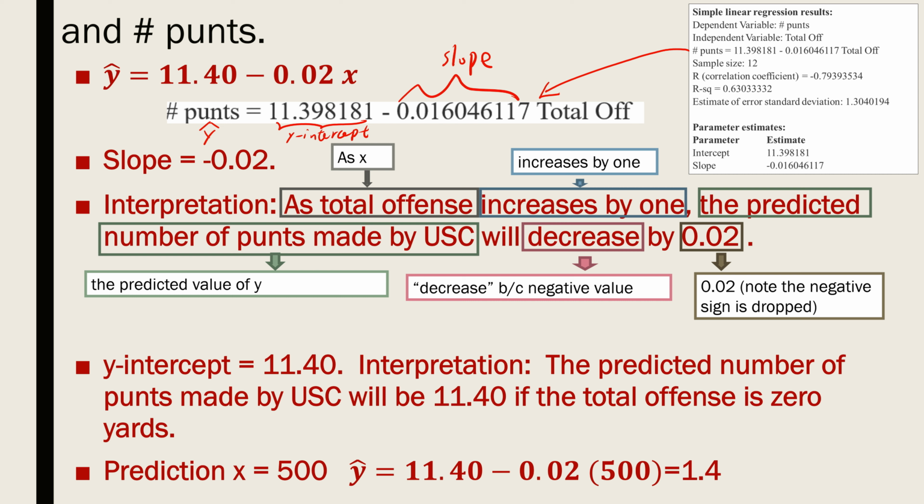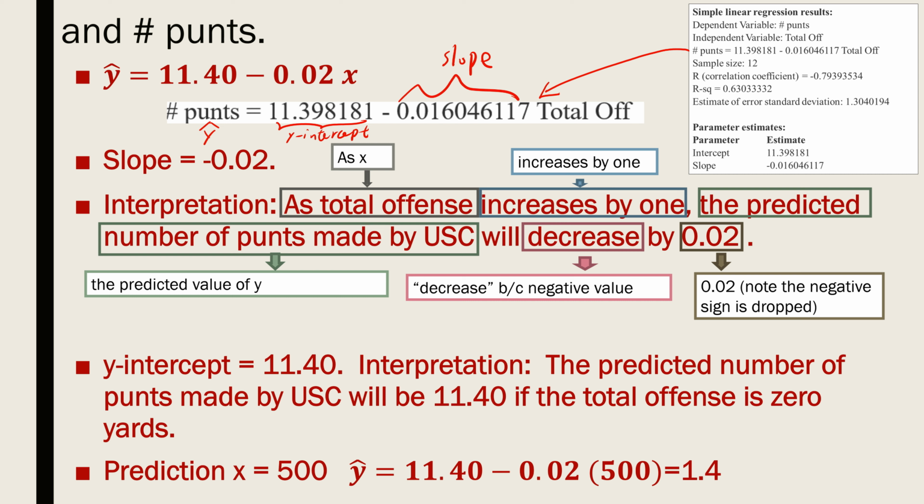As total offense increases by 1 unit, the number of punts made by USC will decrease by 0.02. The y-intercept equals 11.40. This means the predicted number of punts made by USC will be 11.40 if the total offense is 0 yards.